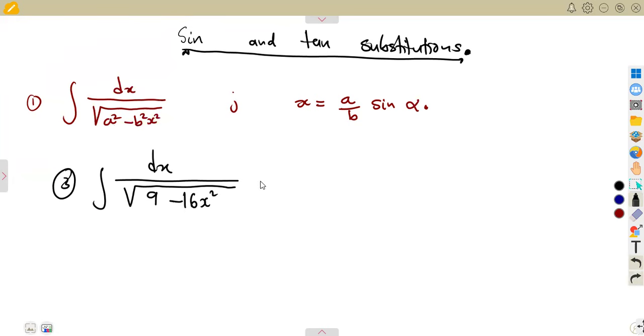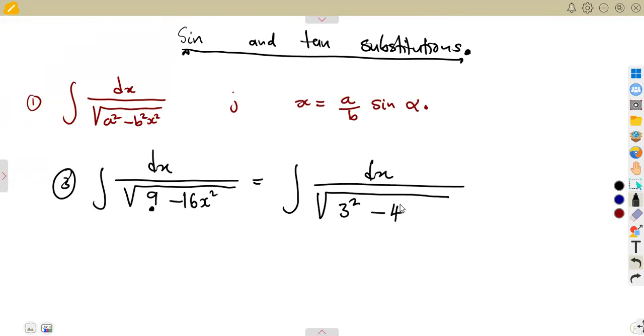Again, we need to make sure we properly see what is representing our a and what is representing our b. The 9 is the same as 3 squared. The 16 is the same as 4 squared. So we can see a squared, b squared, x squared. This is our a, this is our b, and this is our x.